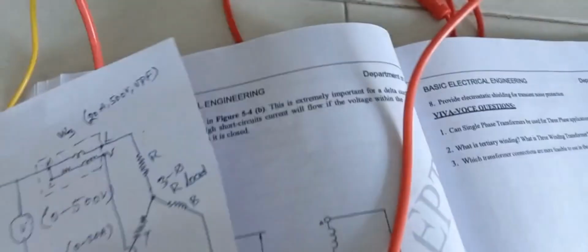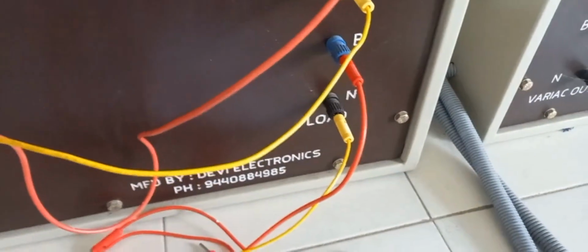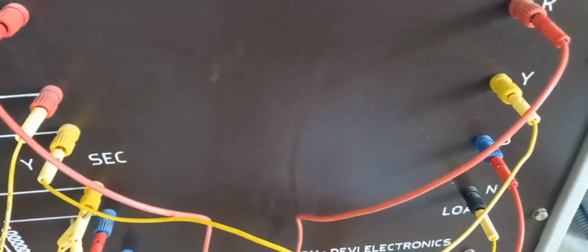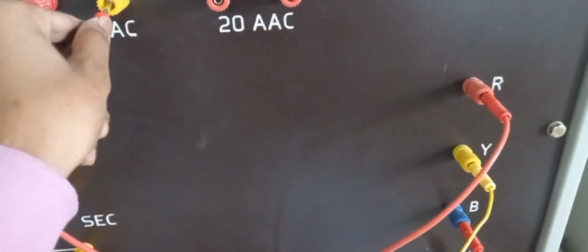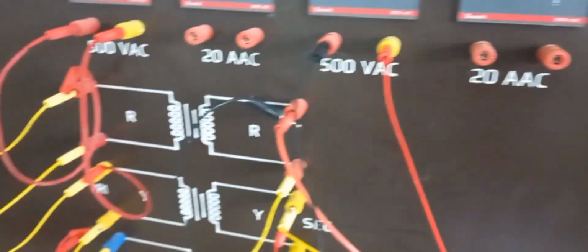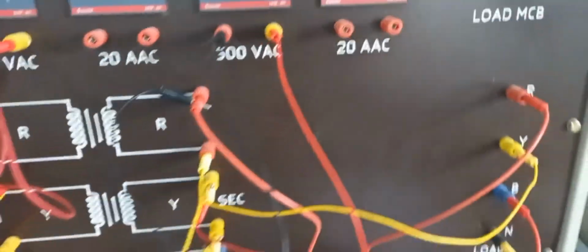So here you remember, at the secondary side the R phase first terminal is connected to the voltmeter's first terminal, and then the Y phase first terminal is connected to the voltmeter's second terminal, then completed.